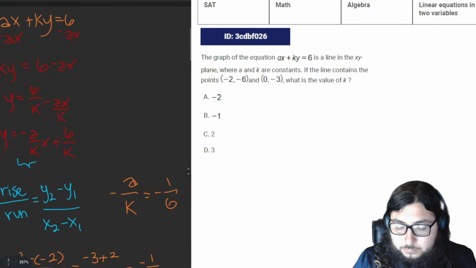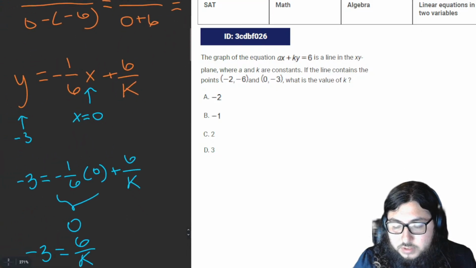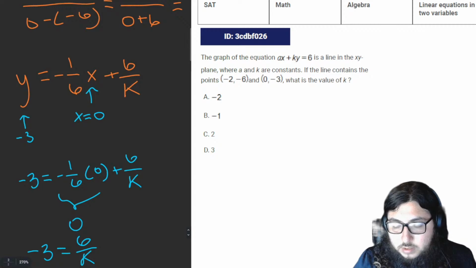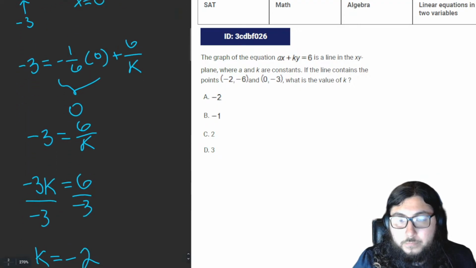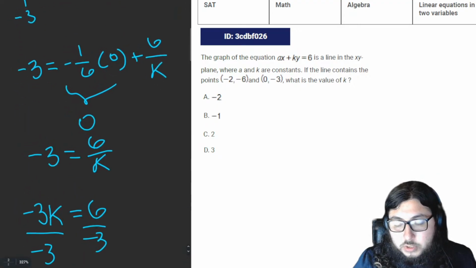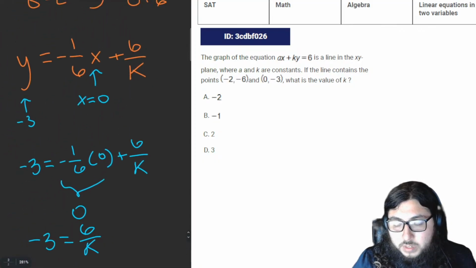And then we have negative a over k, so we can substitute negative a over k for negative 1/6. And then we can substitute 1 point, 2 coordinates, which we chose, into our incomplete slope-intercept form and solve for k.